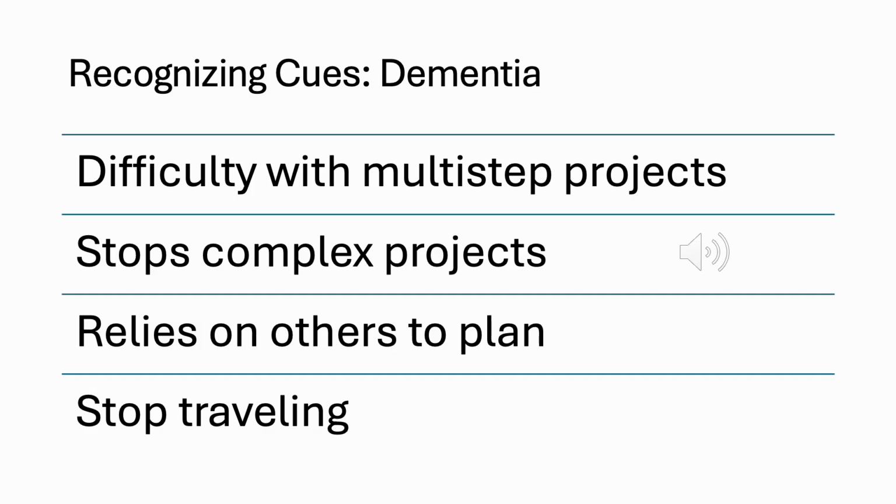So they may need to put more effort into a multi-stage project, and then as the disease progresses, they may stop doing complex projects altogether and focus on one task at a time. They may need others to plan activities and make decisions for them. They may decide to stop traveling because airports are too confusing to them. So these are some of the things you might see in people with dementia.